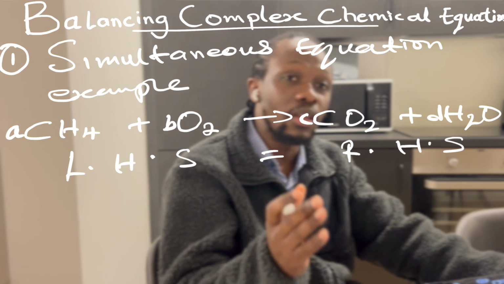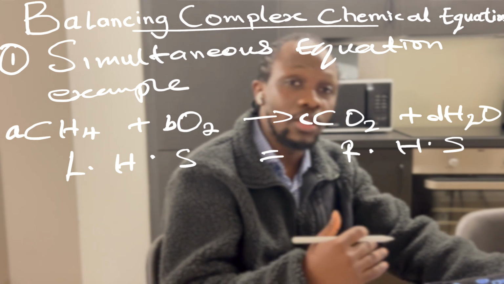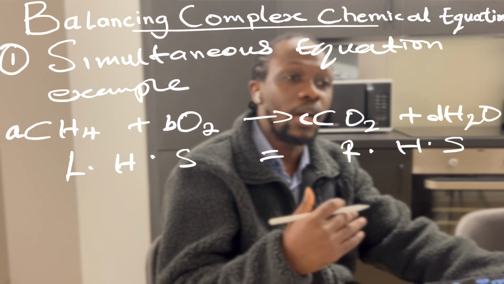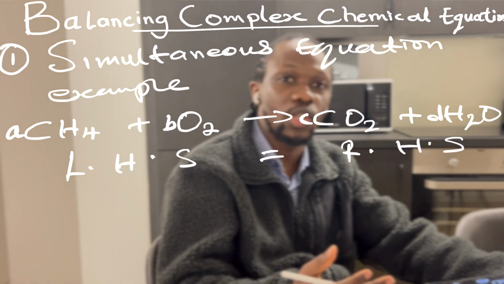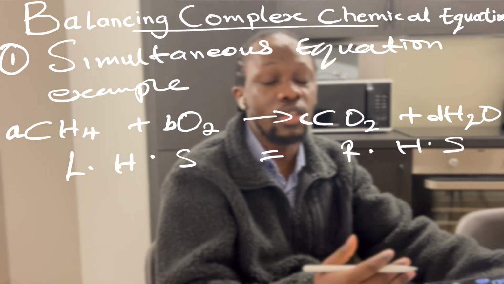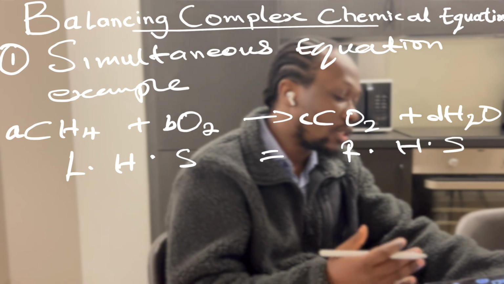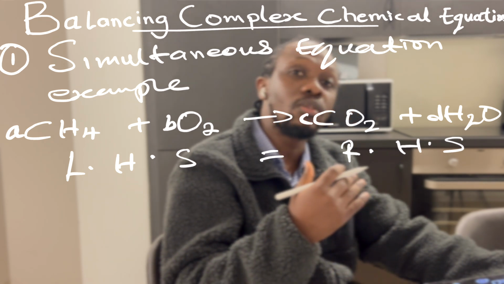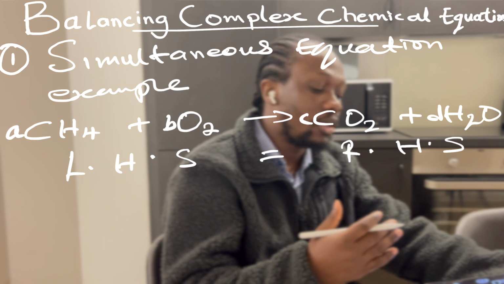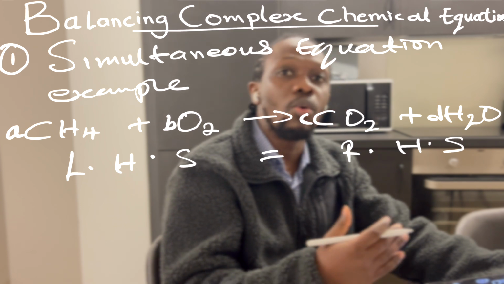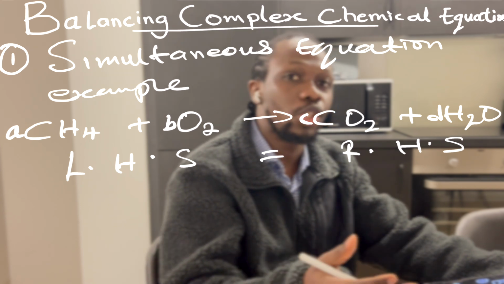You can use any letter of your choice, or even symbols, and the most important thing is to understand what letters or symbols represent each of the elements or molecules present in your chemical equation.